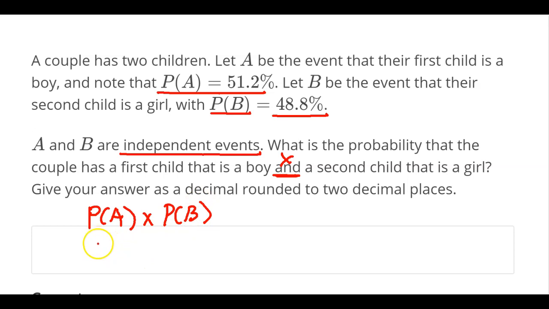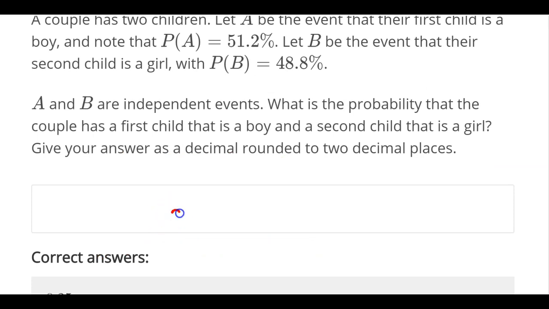Here they did not give me fractions, they gave me percentages, so I can multiply in percentages. 51.2 times 48.8. That approximates to 25%. Let me cross check. Yes, the answer is approximately 25%.